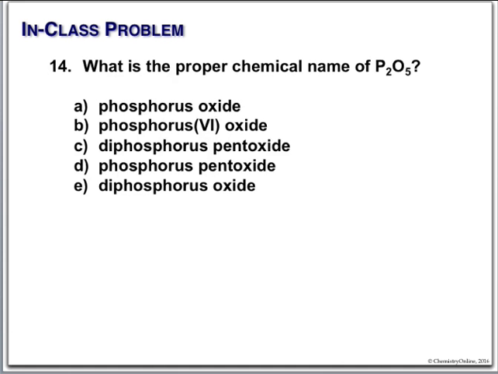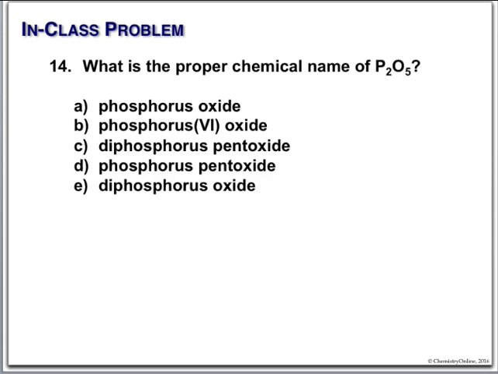Nomenclature, there are 2 or 3 nomenclature questions on the exam. When you see a question and you say to yourself, oh my gosh, it's a nomenclature question, what's the first thing you have to say? First thing you have to say, is this a molecular compound or is it ionic?